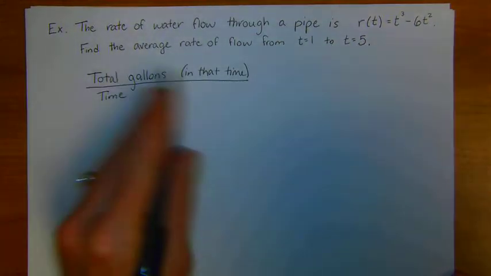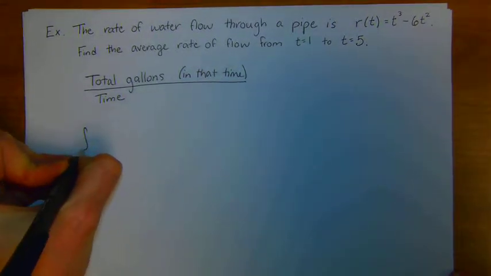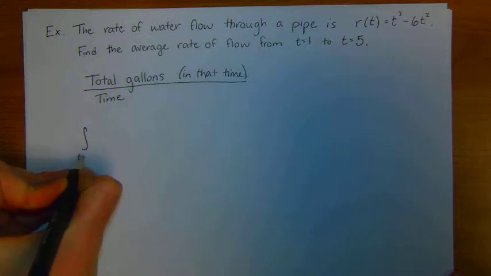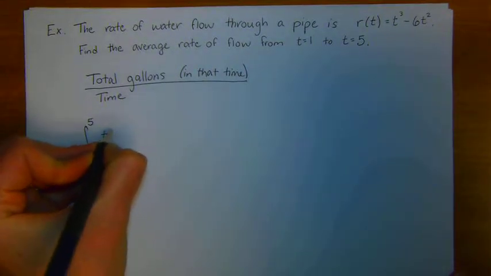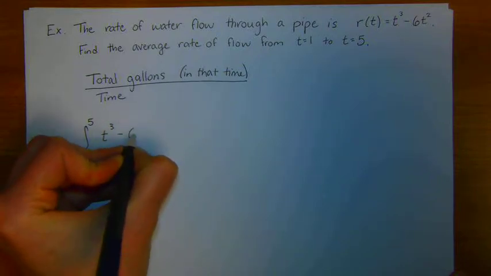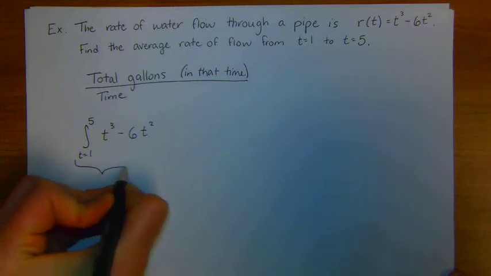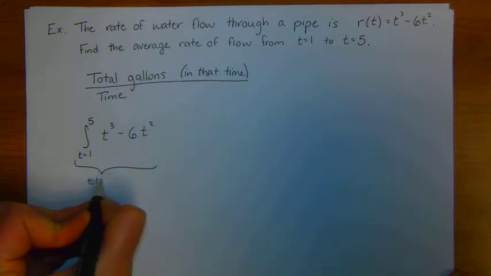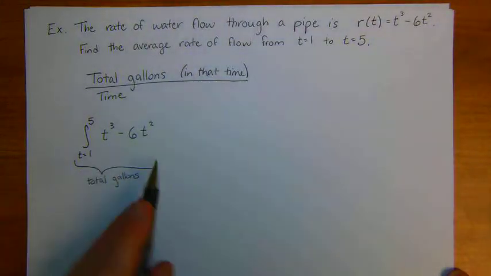So algebraically, the total gallons is going to be the integral from t equals 1 to t equals 5 of my rate, because the integral of my rate gives me the total quantity. This is my total gallons. And how much time has elapsed?